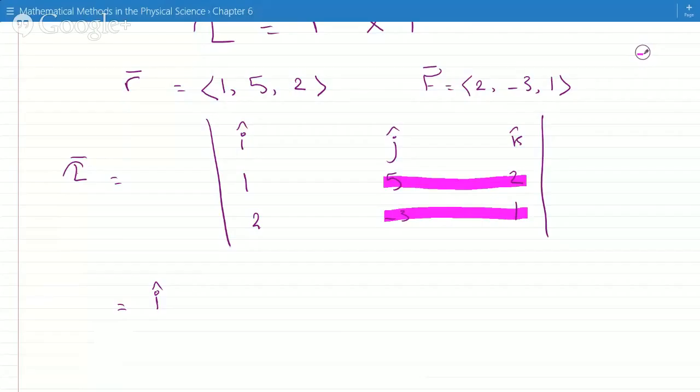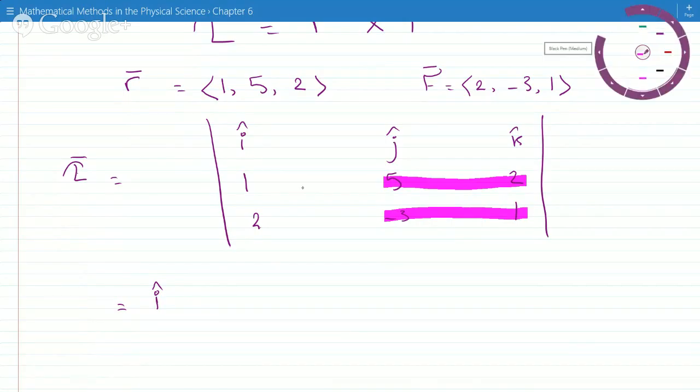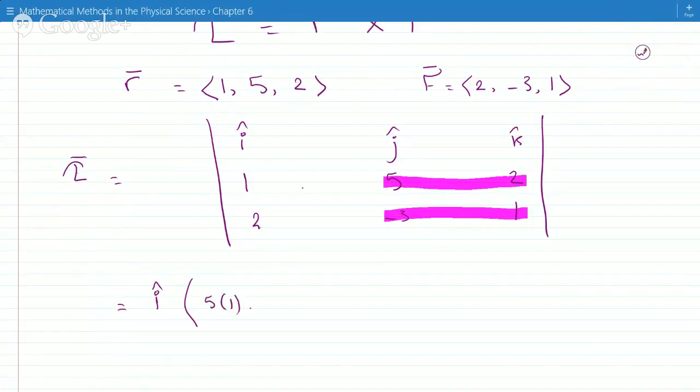And now we continue by taking the determinant of that highlighted matrix, which is 5 times 1 minus 3 times 2. So that's the first component.